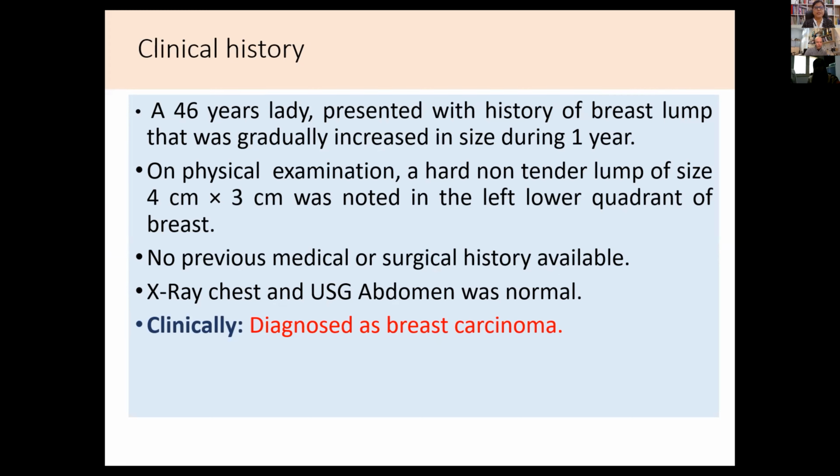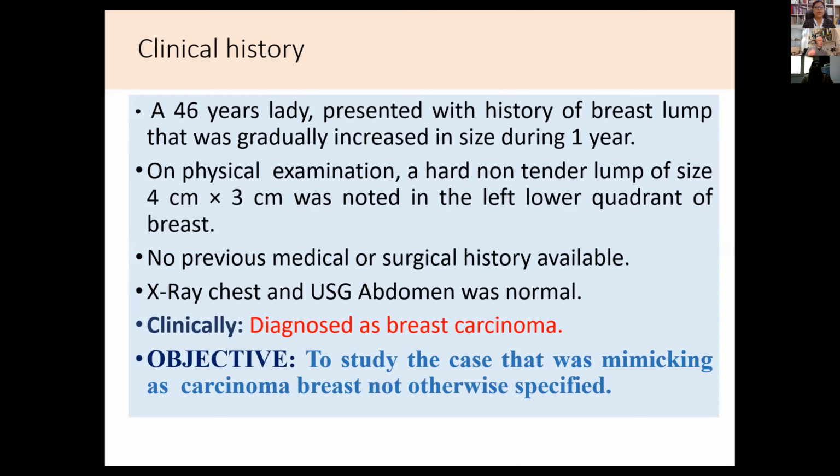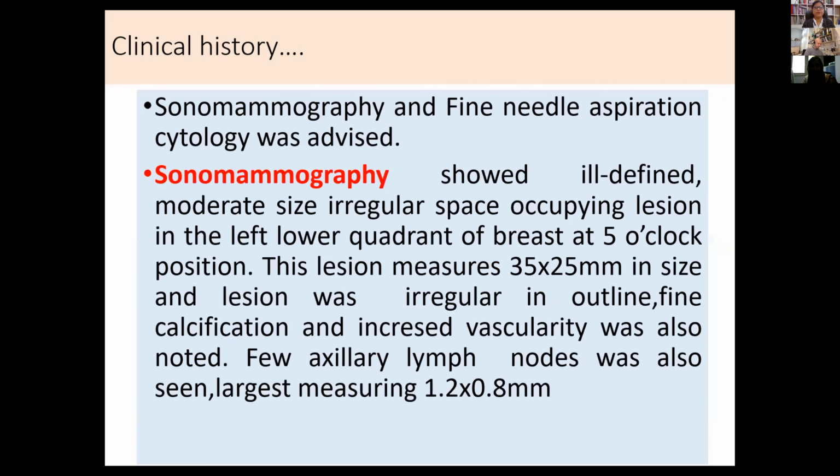No previous medical or surgical history was available, and her chest X-ray and ultrasonography abdomen were normal. So clinically, this case was diagnosed as breast carcinoma. The objective is to study this case that was mimicking carcinoma breast, not otherwise specified.